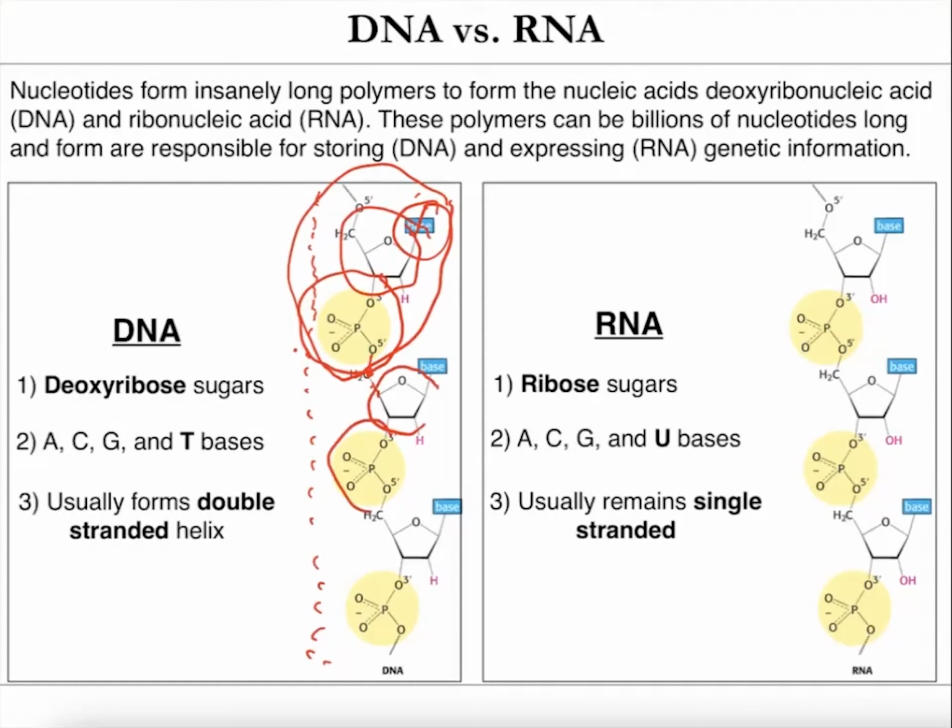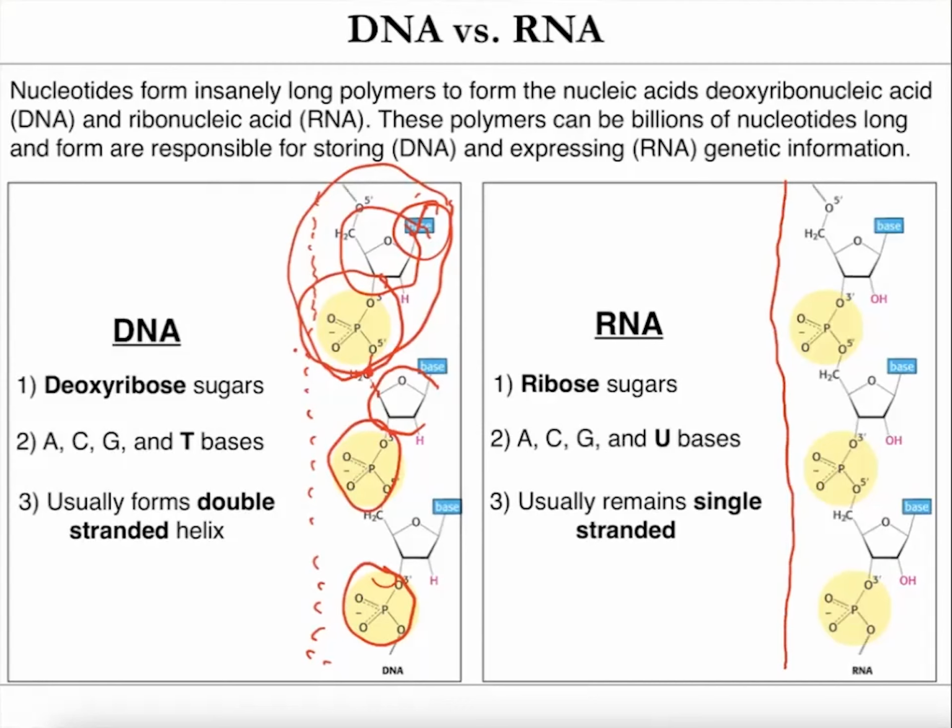And so on and so forth. And then you get these very long molecules. The DNA in your body is broken up into different chromosomes, but you basically have, I think, 3 billion bases of DNA in your body. And so these form very, very long polymers, many millions or billions of bases long. RNA is usually smaller, but it also forms these really long polymers.